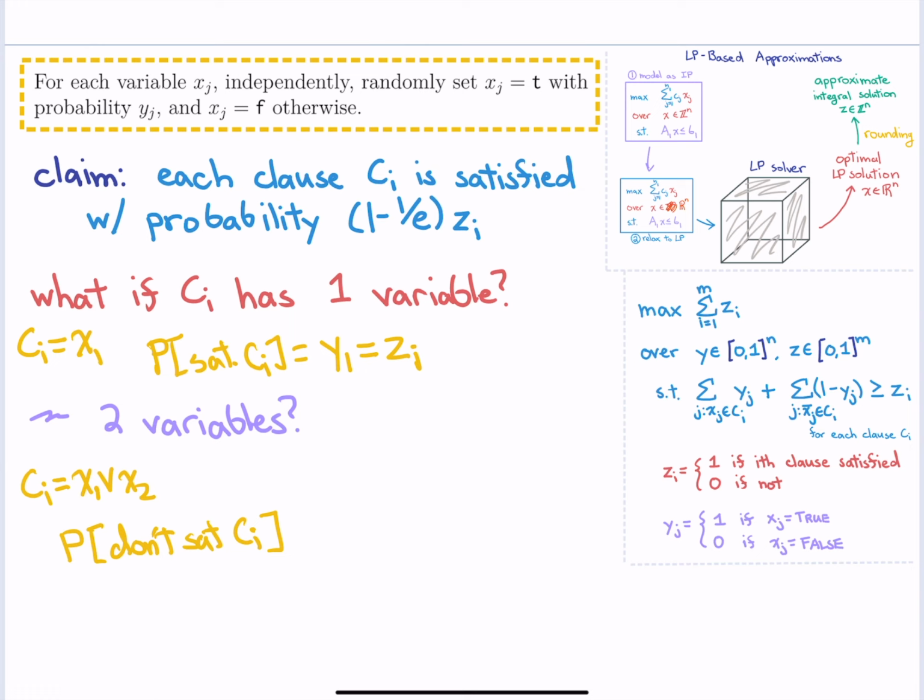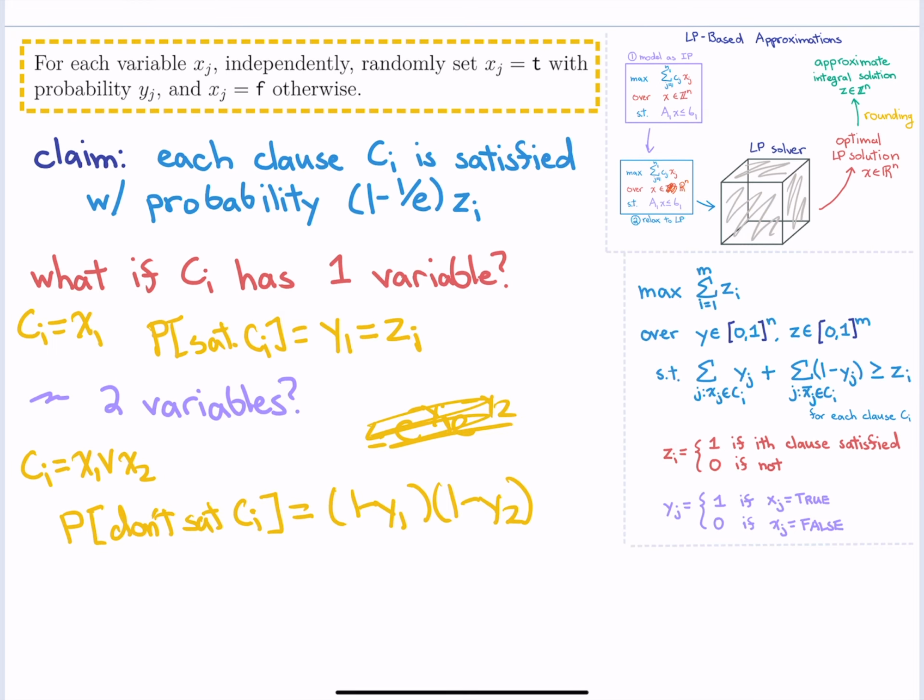What is the probability that I don't satisfy ci when I do coin tosses based on the y's? Last time we said this is at most e to the negative y1 and stuff like that. But for two variables, you can actually do a little bit better.